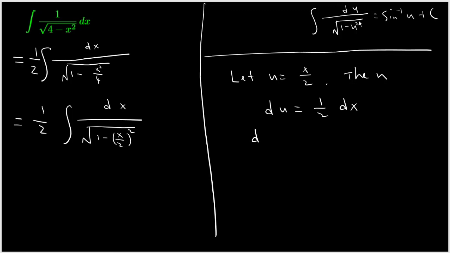So dx is 2 du. Do you still want me to identify the box at 3 locations? That's the box at 1 location. So that is the box in the differential. That is the box, right? Solve the equation for the box.